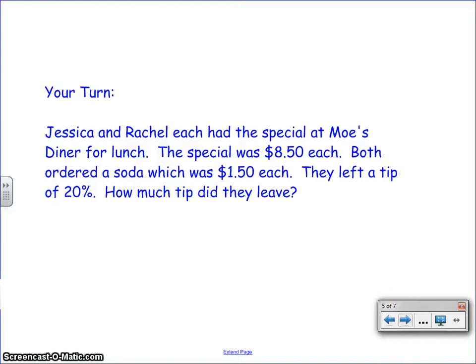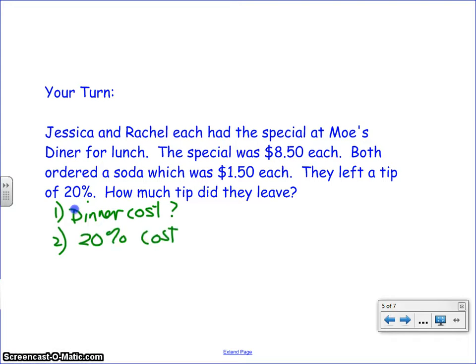All right. So you're going to have to figure out how much dinner cost first. How do you figure out how much dinner cost? You figure that out. That's the first step. And then you're going to have to figure out what 20% of the cost of dinner was. All right?